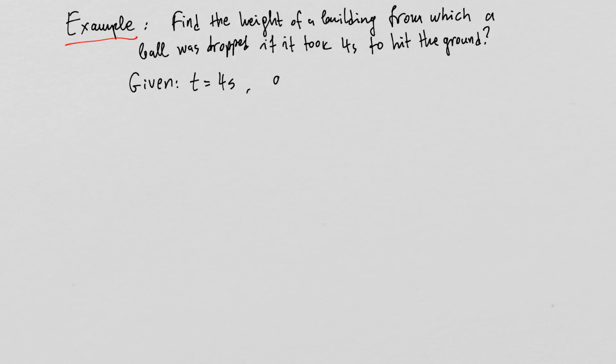The acceleration of motion is the acceleration due to gravity, g, and that is equal to 9.8 meters per second squared. And then I'm looking for the height of the building, the distance traveled by the ball from the release point. So we assume that the ball was dropped from the top of the building all the way to the ground.